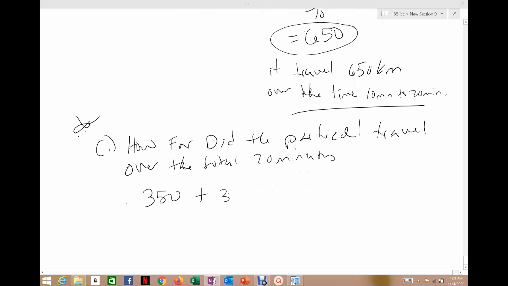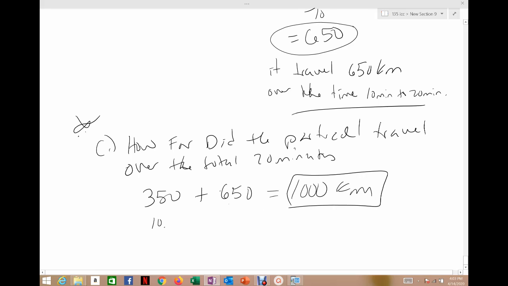Over the second 10, it traveled 650. So over the total 20 minutes, it traveled a distance of 1,000 kilometers. That's how far it traveled altogether.